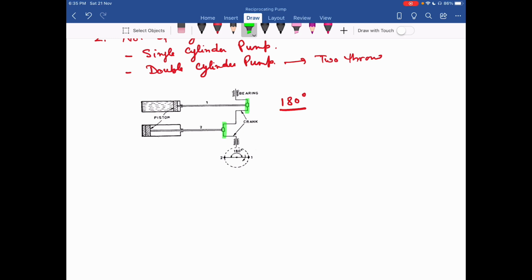In this way, liquid is delivered to the delivery side during each stroke of the pump. So this we call the crank angle.